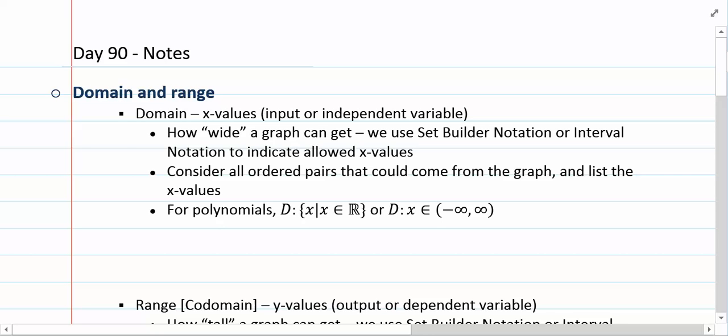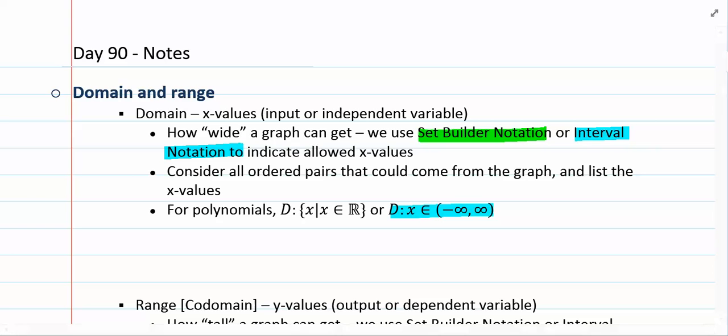Now, to represent the list of numbers that represents the width of our domain, we use what's called set builder notation, or what we call interval notation, and those indicate all of those values that are allowed. Down below we have an example of interval notation here, and this would be called our set builder notation.